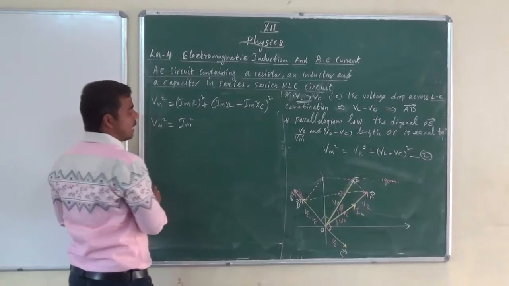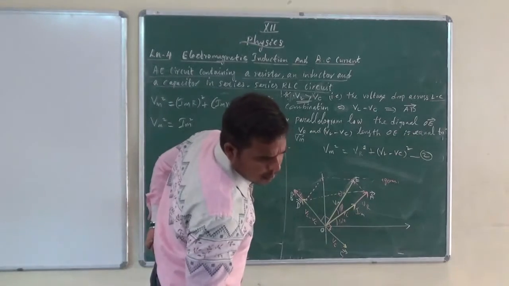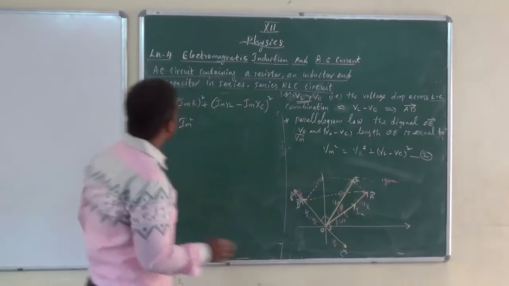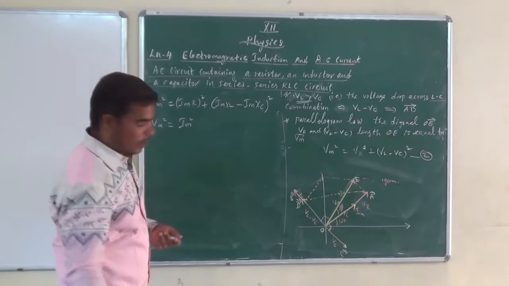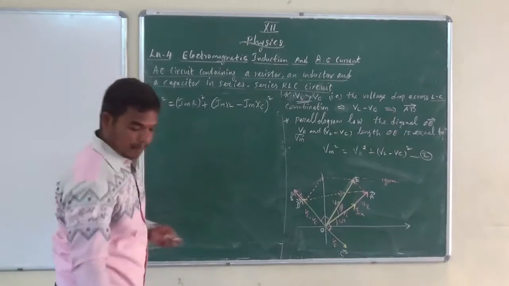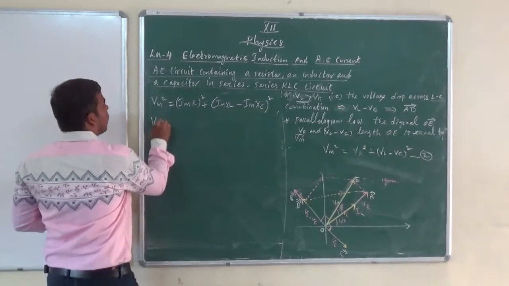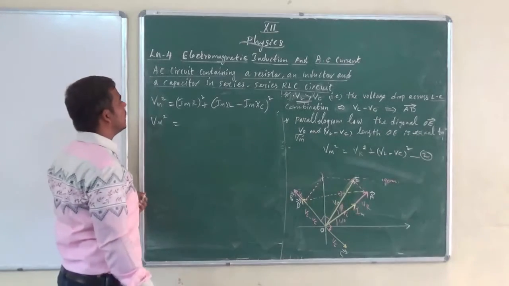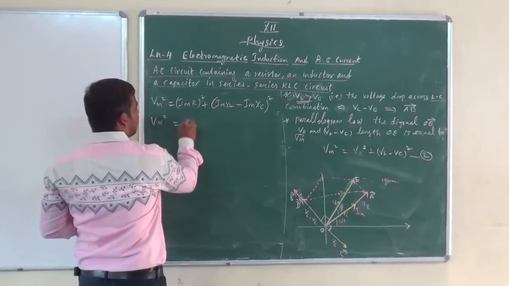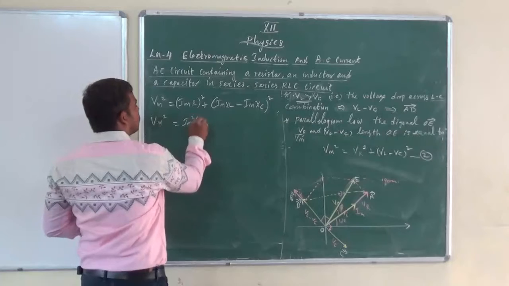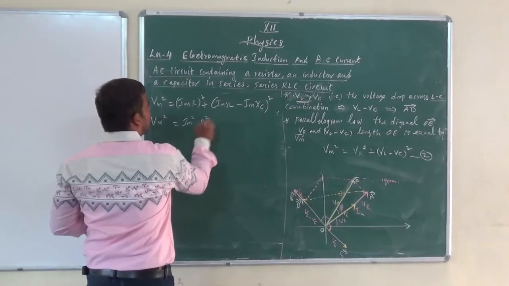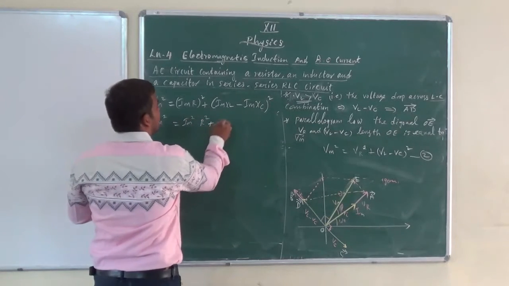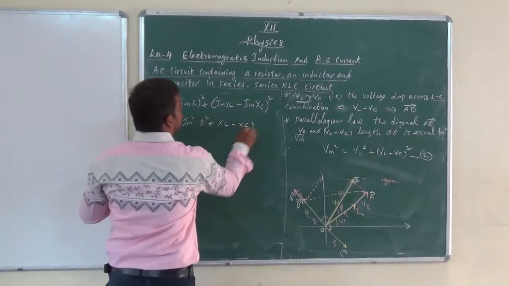So VM square equals IM square times R square plus (XL minus XC) the whole square.